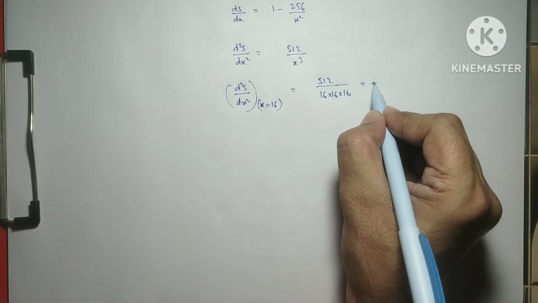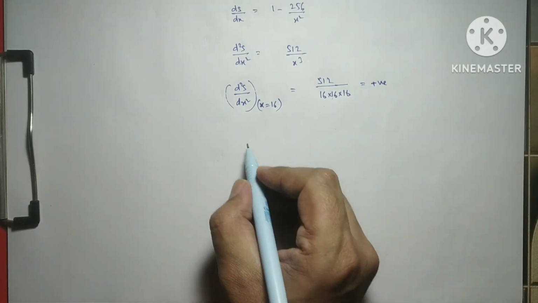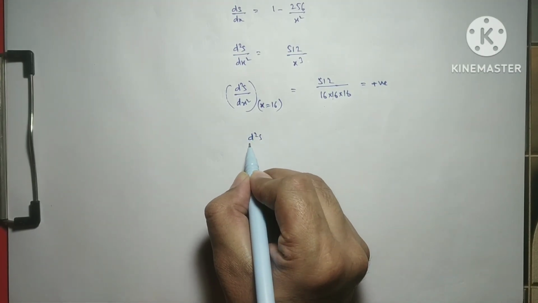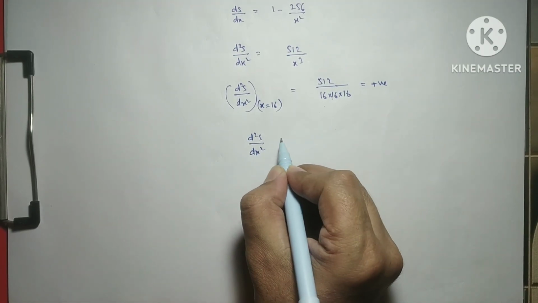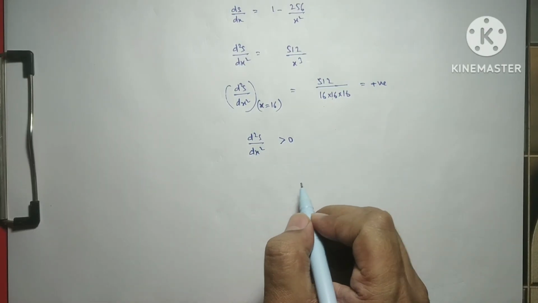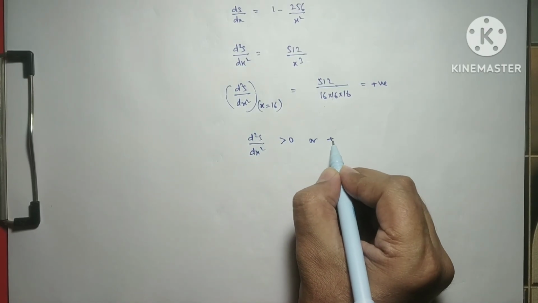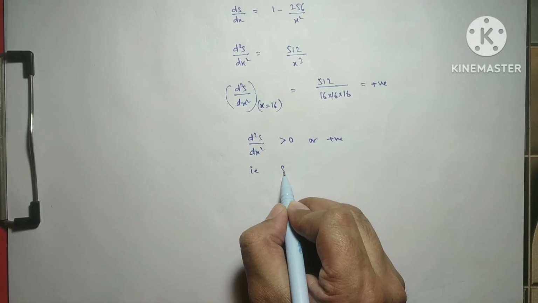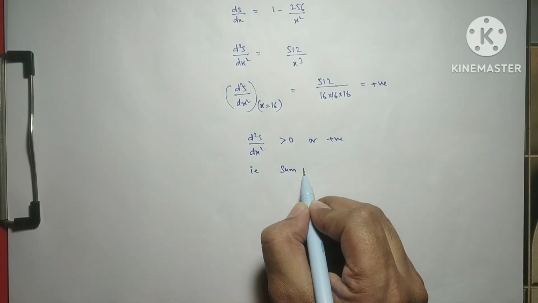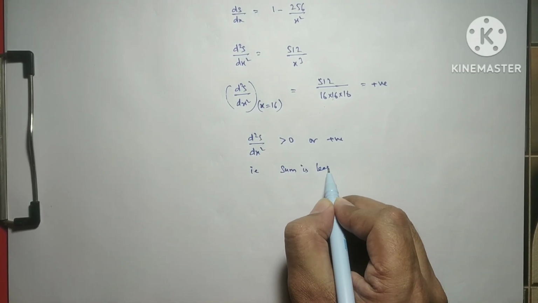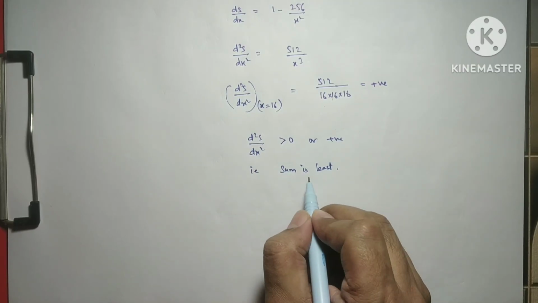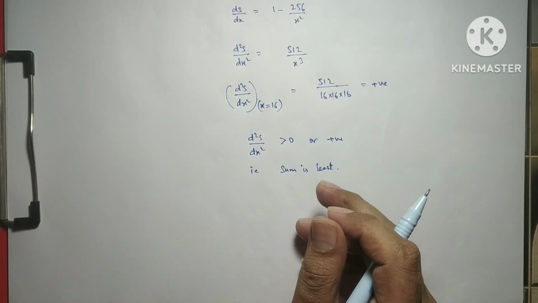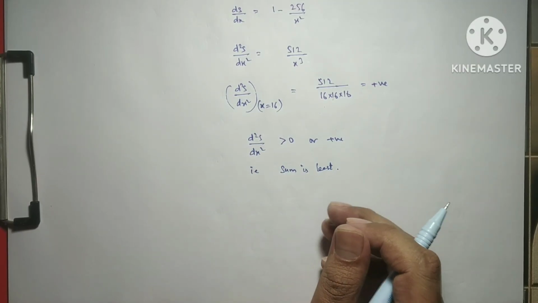So we get a positive value, and this shows d2s over dx square is greater than 0, or positive. That is, the sum is least. So for the least summation, the numbers should be equal whose product is given.